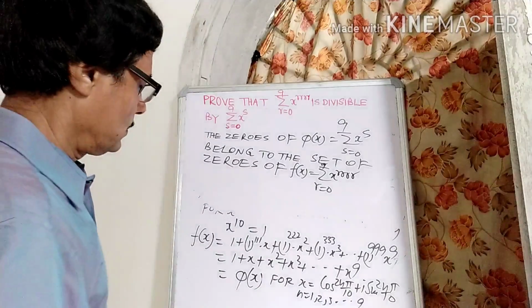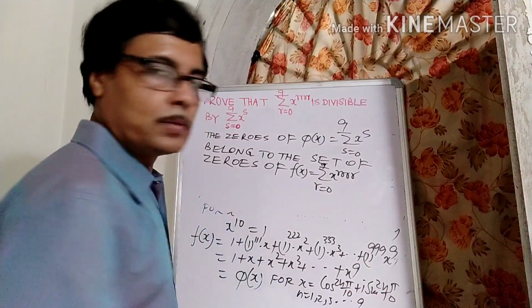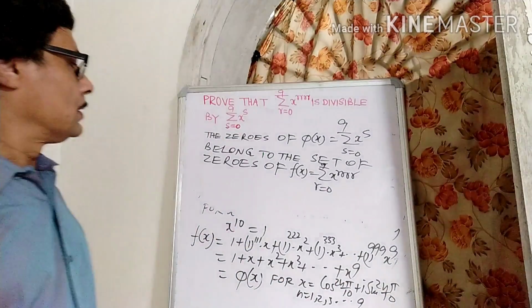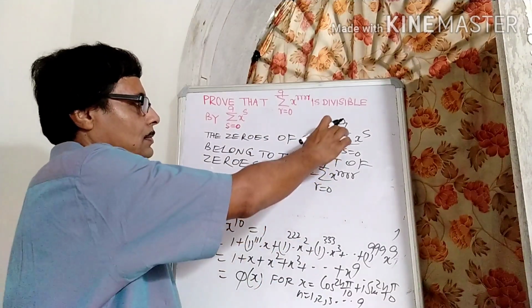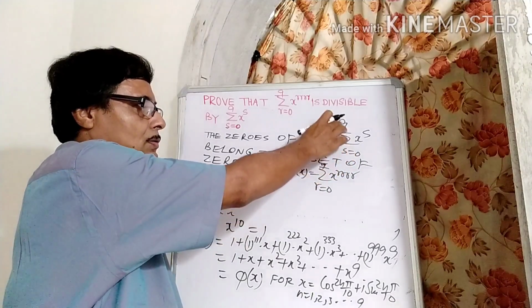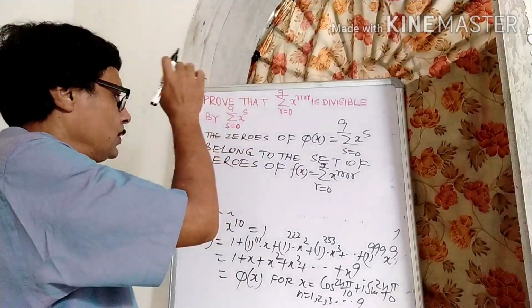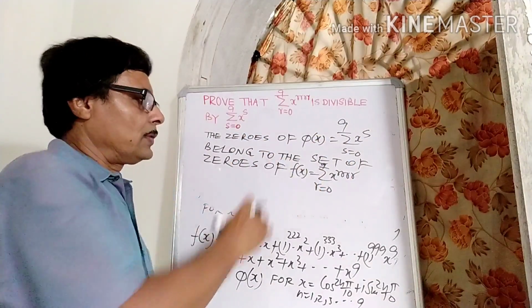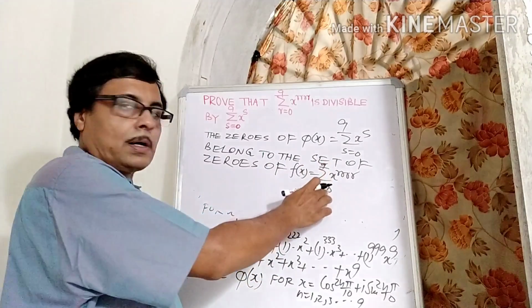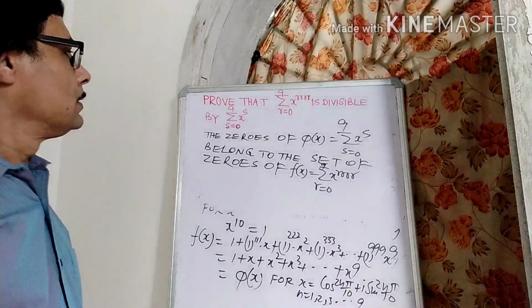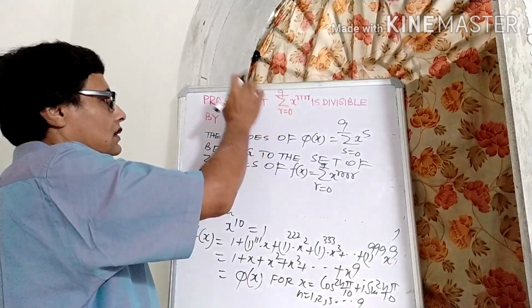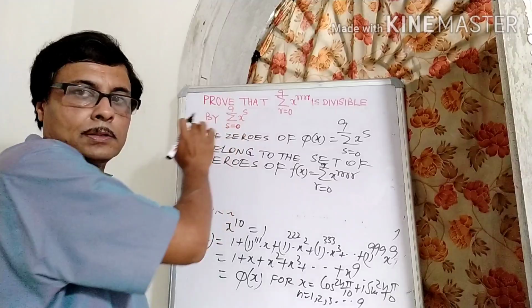So we can say that this is divisible by this.